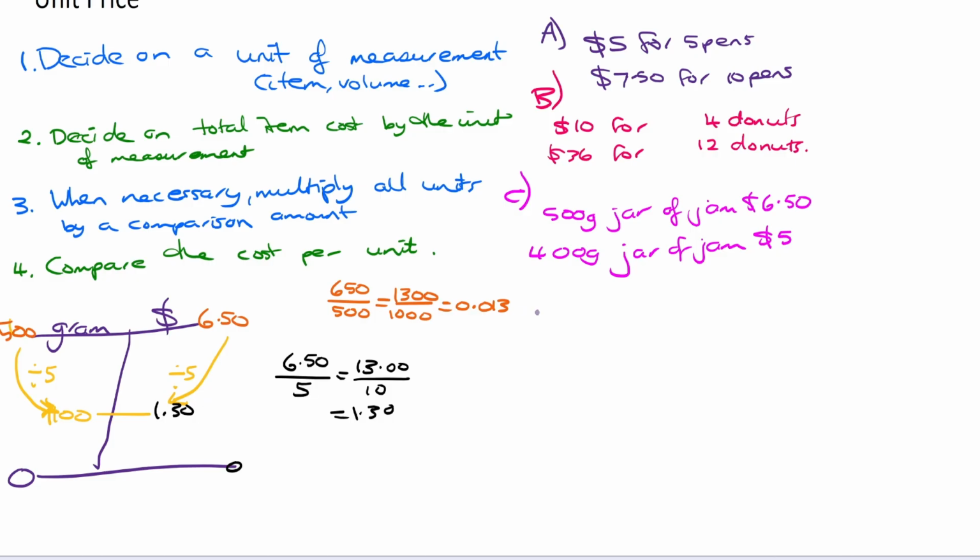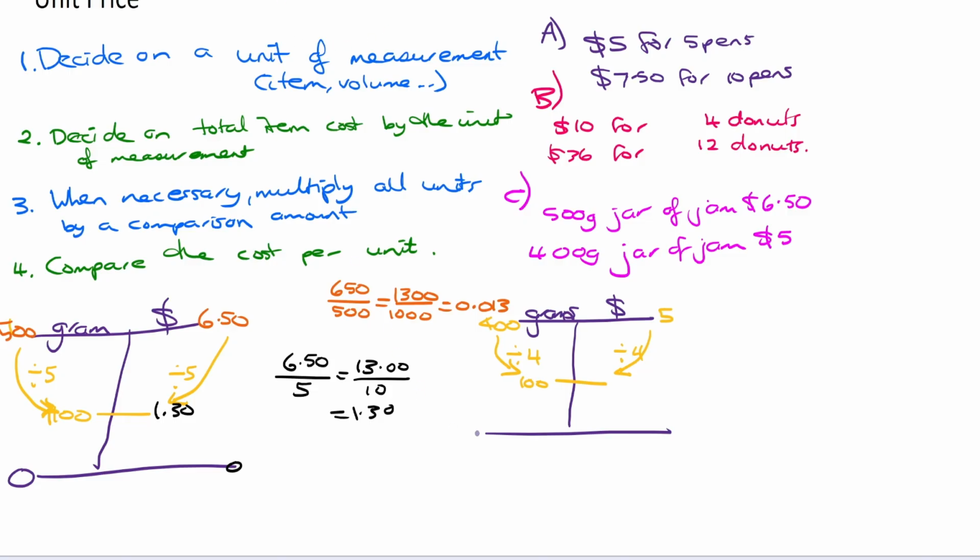So if I was doing the next one, let's have a look. This time I'm always reinforcing that I'm comparing grams and money. So this time I've got a 400 gram jar, 400 grams for $5. And we're going back to compare the unit size of 100. So this is going to be a divide by 4, and this is also a divide by 4. They scale in tandem. That scaling in tandem at the same rate is the really important part.